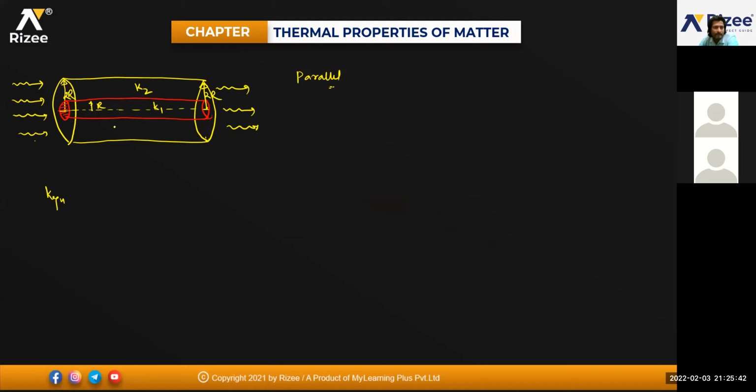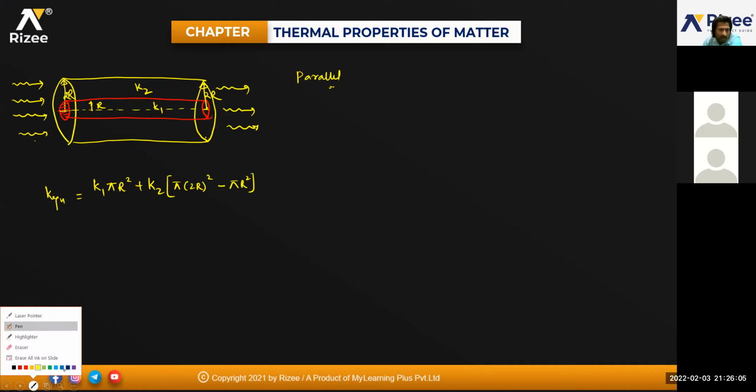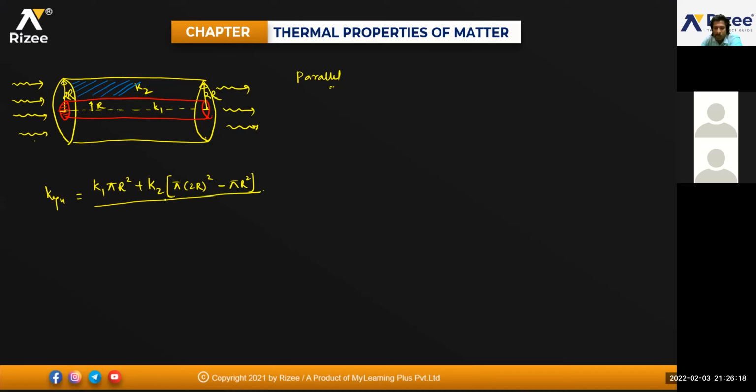For this one, the inner radius is R, and for this one, the outer radius will be equal to 2R. So K equivalent is equal to K1 into the area of the first one, pi R square, plus K2 into the area of the next one. What will it be, beta? Pi into (2R) whole square minus pi R square, that is total minus this part, divided by the total area.